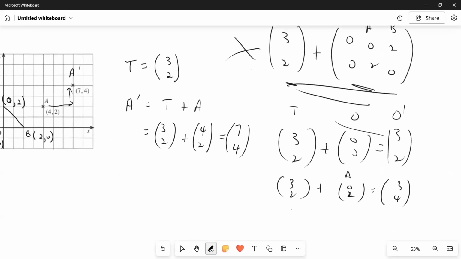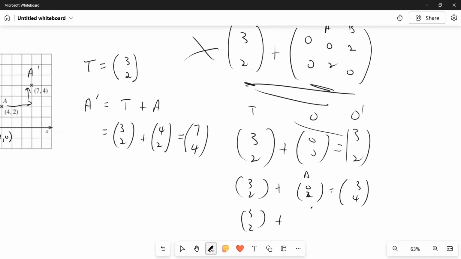Then 3, 2 plus B, which is 2, 0. You add them up and you get 5, 2. Right? You have to add them individually.